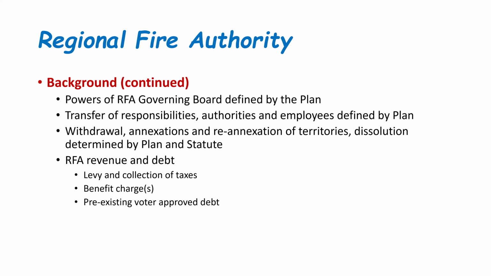Could be, but not necessarily, that we lose some of our taxing ability, which would go towards the RFA to provide those services as agreed to by participating agencies. I'm not aware of any RFAs that have done any partial work like that. Most of it has been all in, but it is possible that you could do that. I don't know if that makes sense.